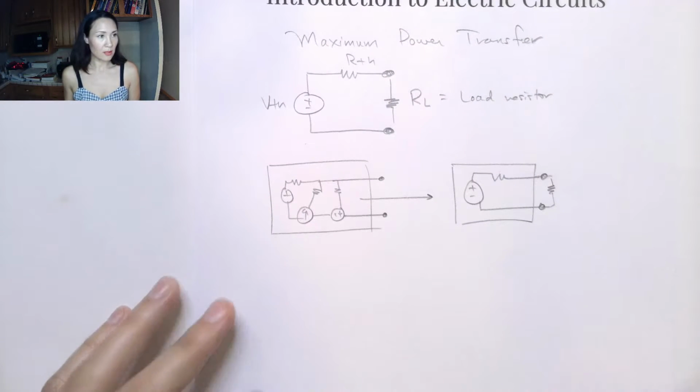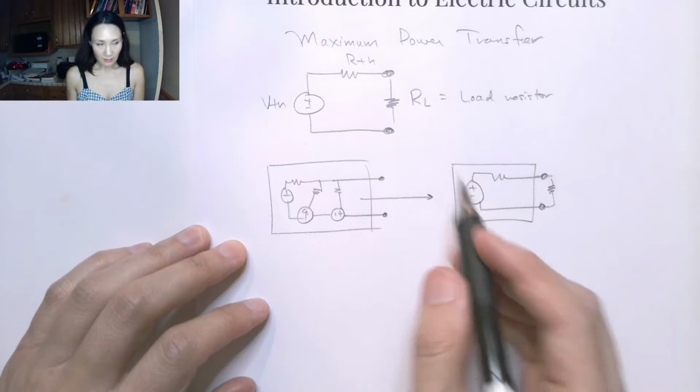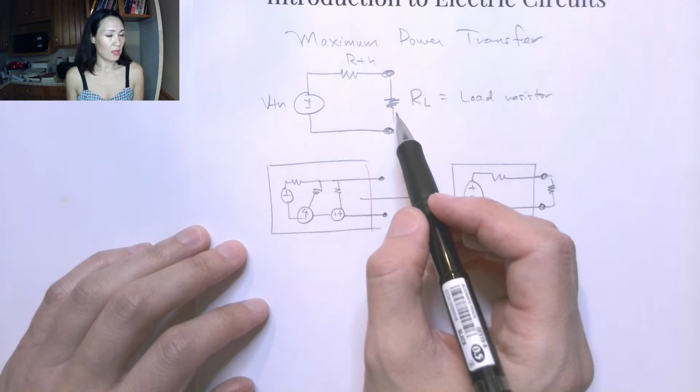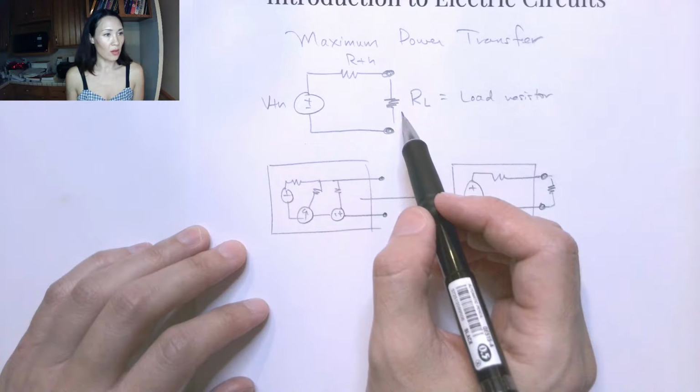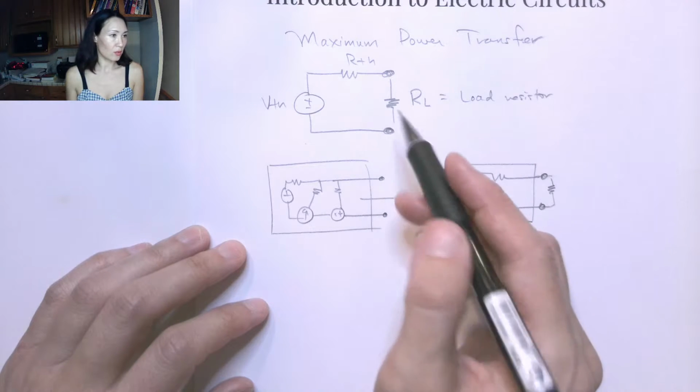So let's do a little bit of math here. For this circuit, since we have R Thevenin in series with R load, the equivalent resistance between these two is just going to be the sum.